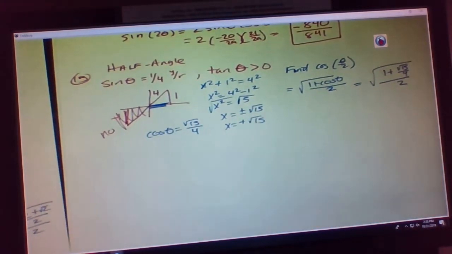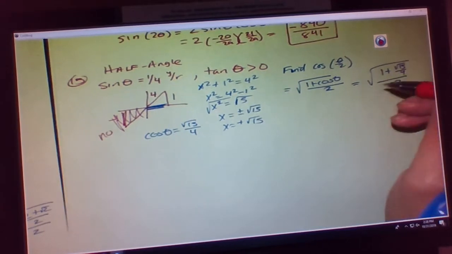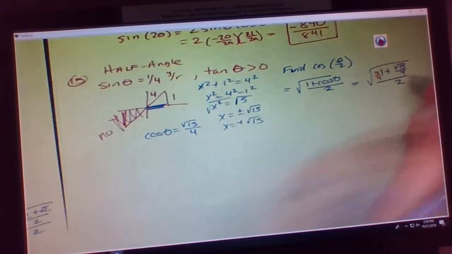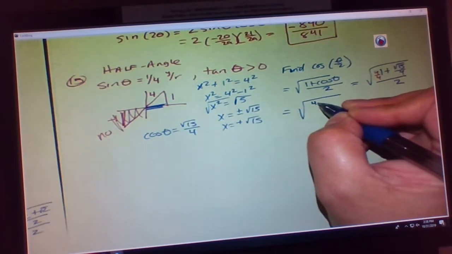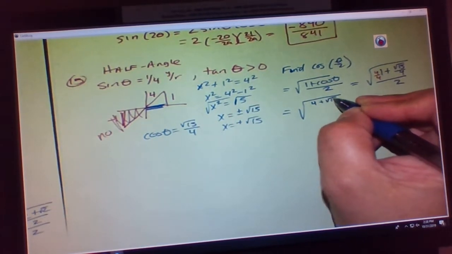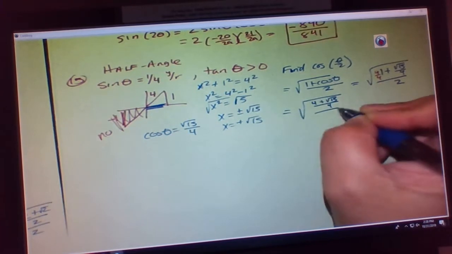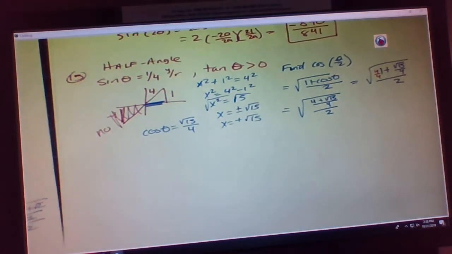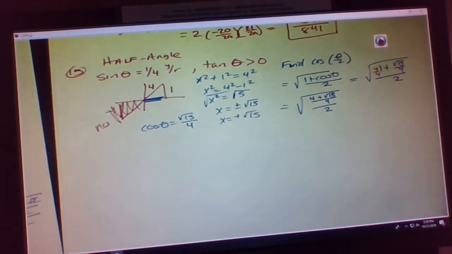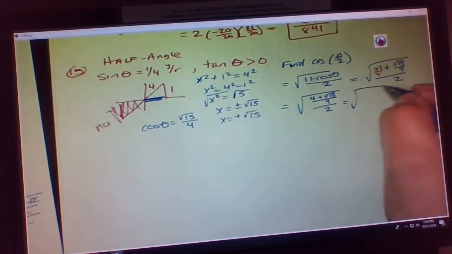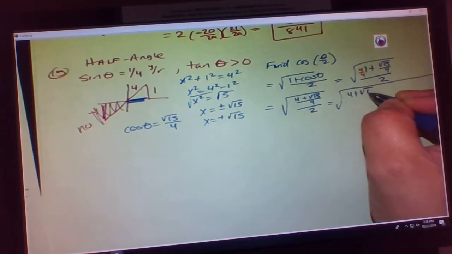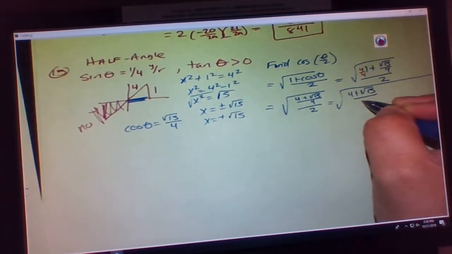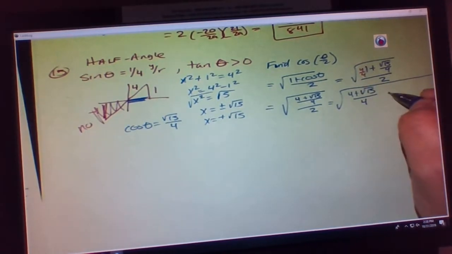That 1 needs to become what? 4 over 4. So this becomes the square root of 4 plus the square root of 15 over 4, over 2. And that becomes 4 plus square root of 15 over 4 times 1/2, the reciprocal.